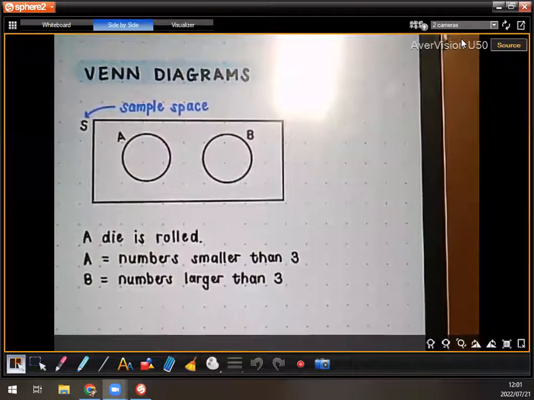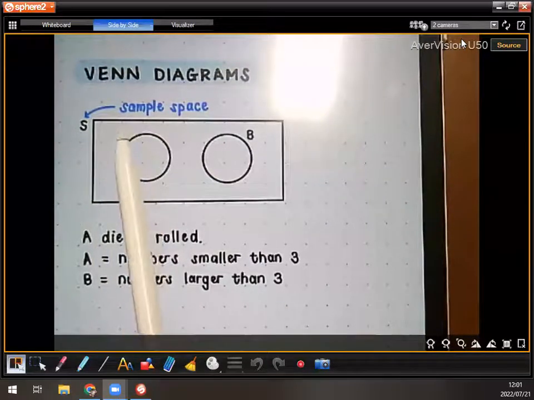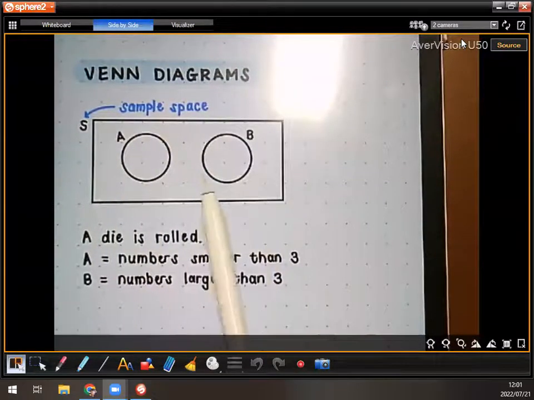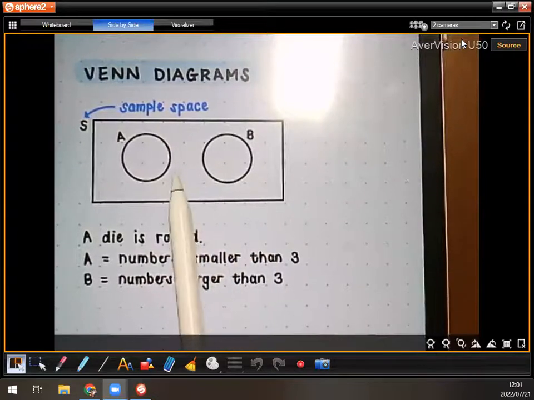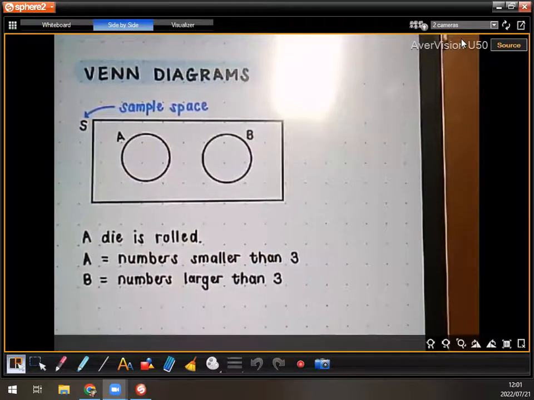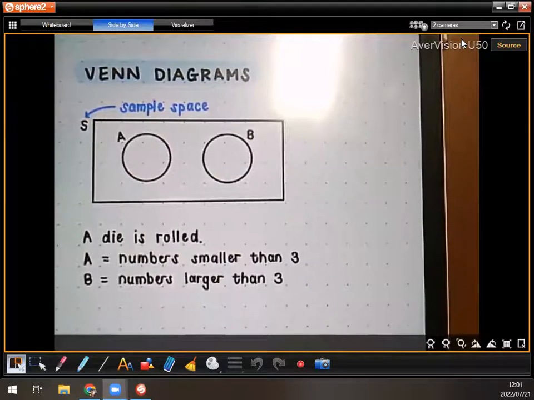So guys, if we are rolling a die, what is the sample space? What are the possible outcomes? 1 all the way to 6, right? So what this means is that in this box, I need to write all 6 of those numbers, okay? But some of them are going to have to go in the circles. Some of them not.